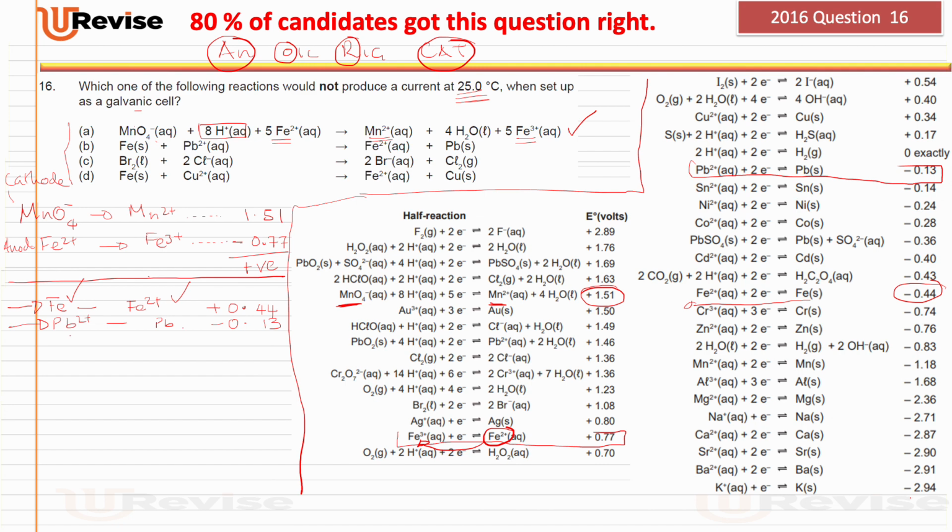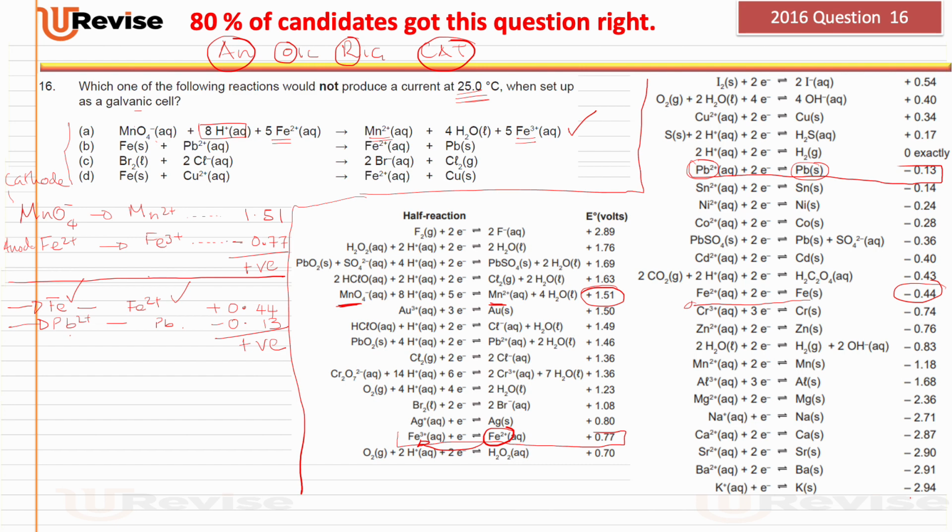So this one is going to produce a positive electrode potential. If we just say plus 0.44 minus 0.13, this is going to be a positive electrode potential. You don't even need to work out the value. If you can quickly do the maths and figure out that the positive number is bigger than the negative number, the overall result is going to be positive. So that one is fine.